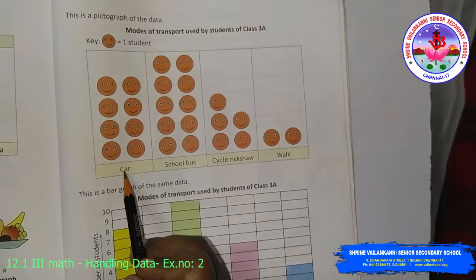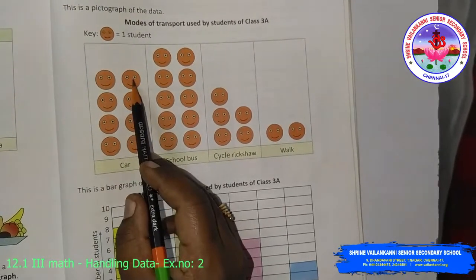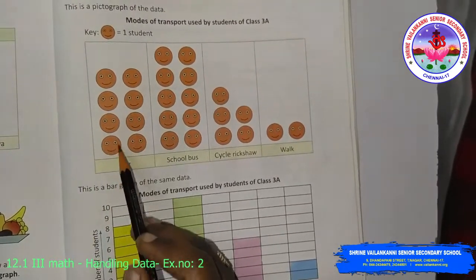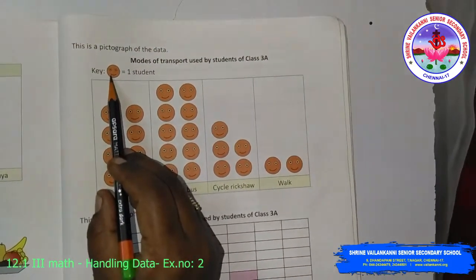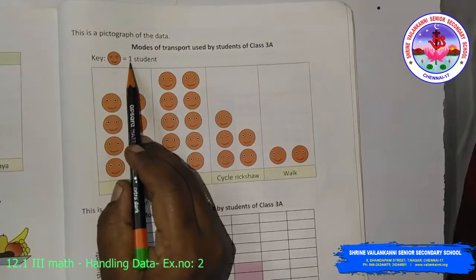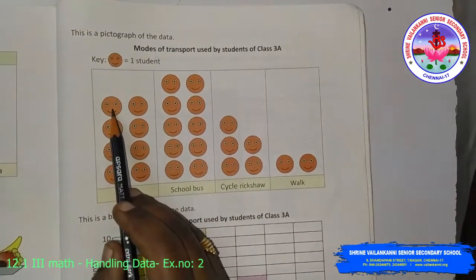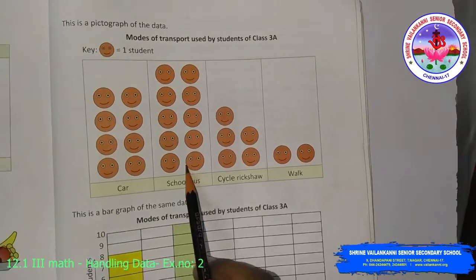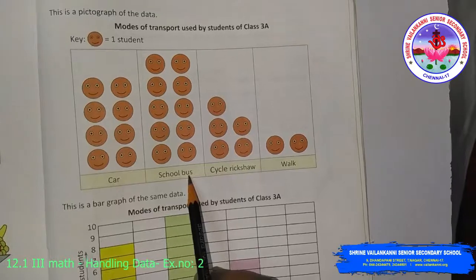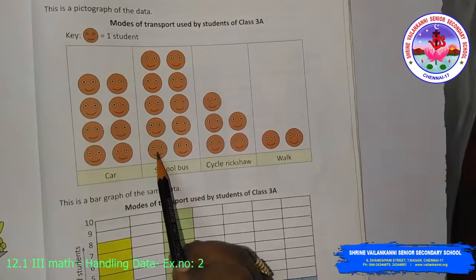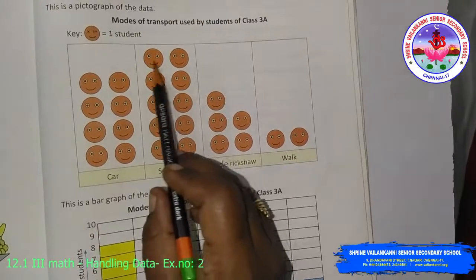Under car, 1, 2, 3, 4, 5, 6, 7, 8, so 8 children are coming by car. The hint is also given as a key: one smiley picture is equal to one student. The students coming by school bus number 10: 1, 2, 3, 4, 5, 6, 7, 8, 9, 10.